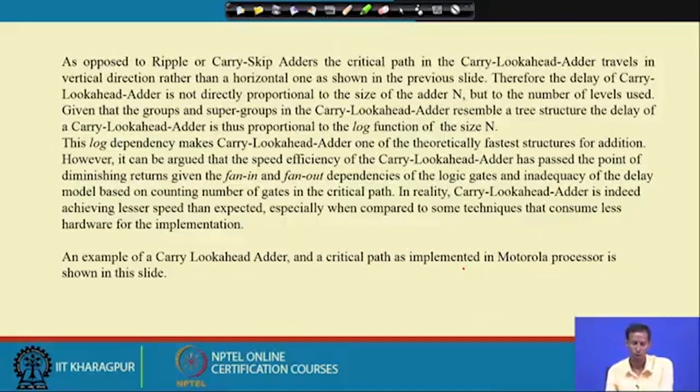Okay. So, as opposed to the ripple or carry skip adder, the critical path in a carry look ahead adder travels in the vertical direction rather than the horizontal. In a ripple carry adder, the carry follows from this particular side. Okay. So, that is the horizontal one, but here in the carry look ahead adder, it is in the vertical direction.